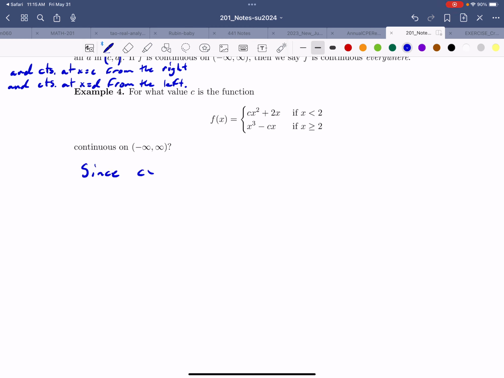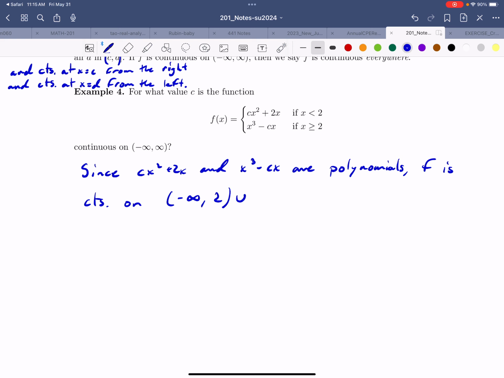So let's just note that since cx squared plus 2x and x cubed minus cx are polynomials, f is continuous on negative infinity to 2 union 2 to infinity. That means all real numbers except 2.